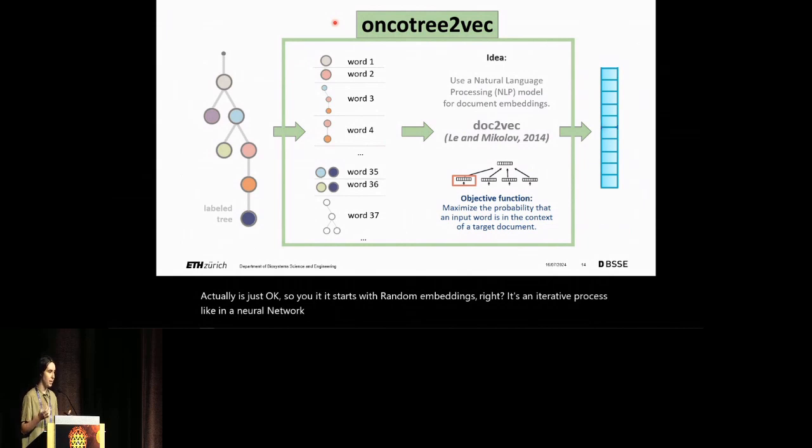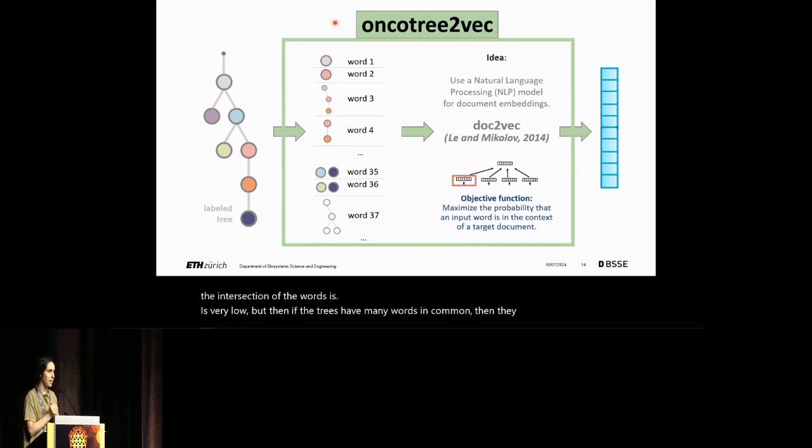It starts with random embeddings, and in every iteration, it takes pairs of embeddings, and they are pushed apart if the distance between them is high, meaning there are many differences between them. Differences mean the intersection of the words is very low. But if the trees have many words in common, then they are pushed together in the embedding space, right?